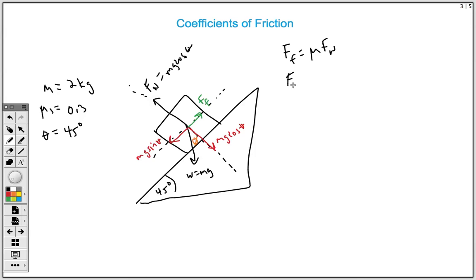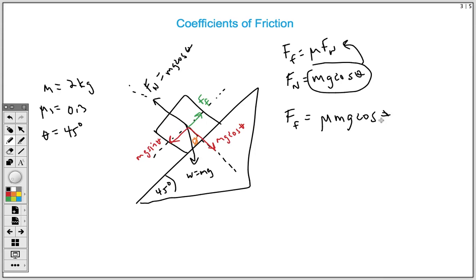So Fn equals mg cosine theta. We're now going to take this and substitute it into our equation. So our frictional force is equal to mu times mg cosine theta. We know what mu is, we know what mass is, we know what the gravity is, we know what our angle is. We can solve for this.